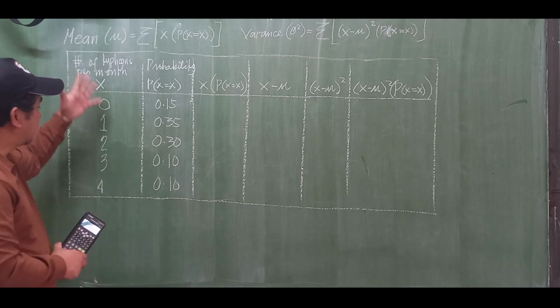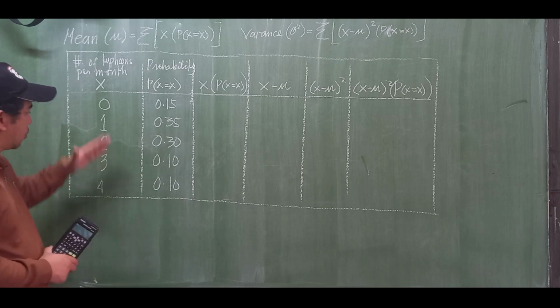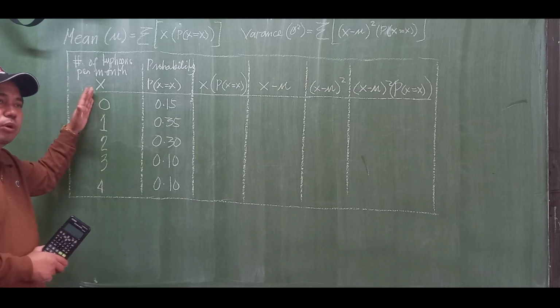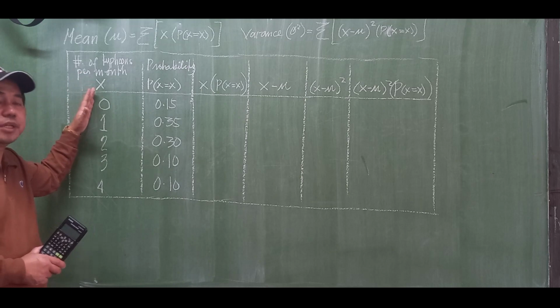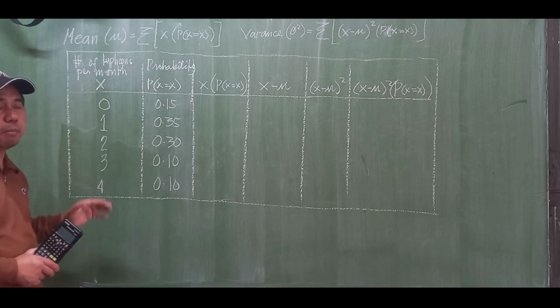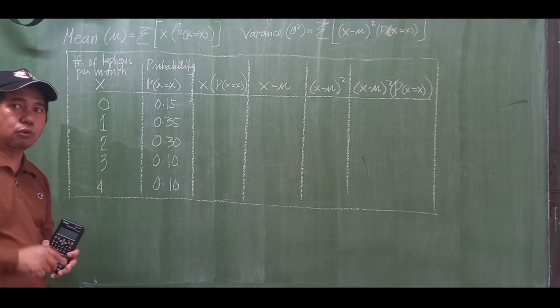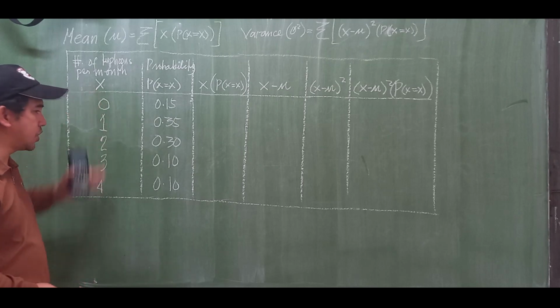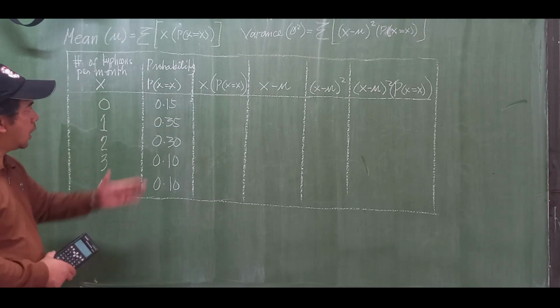So that is the gathered data. Meaning to say, the maximum number of typhoons gathered in a month is 4. But what is their probability? Of course, the probabilities of having these numbers of typhoons in a month are also given.